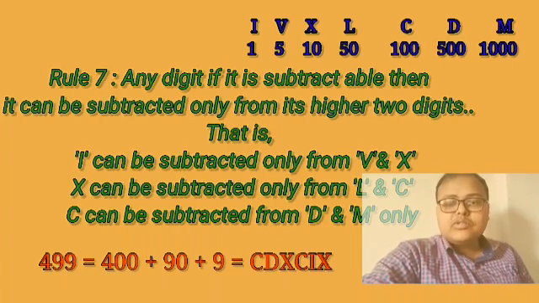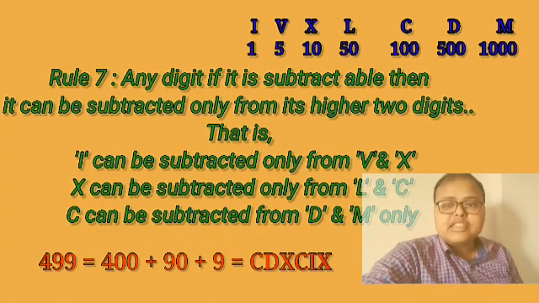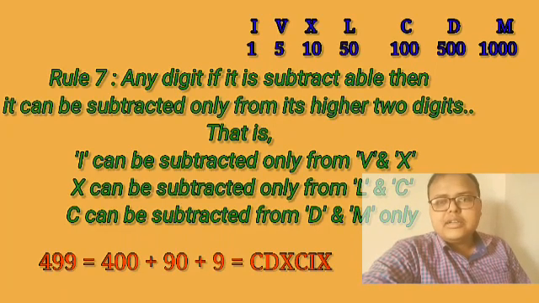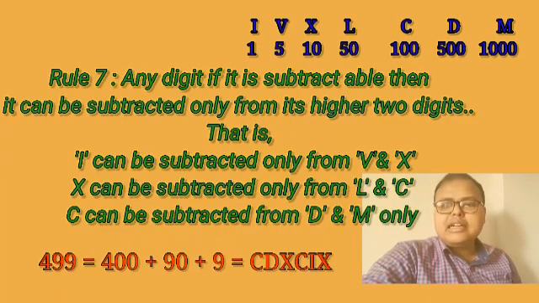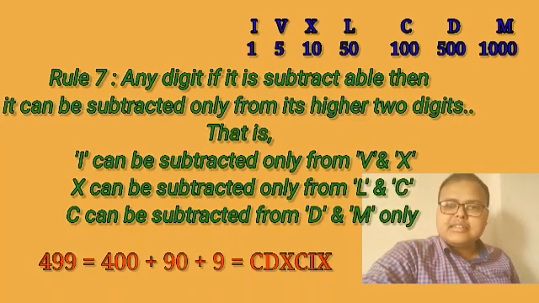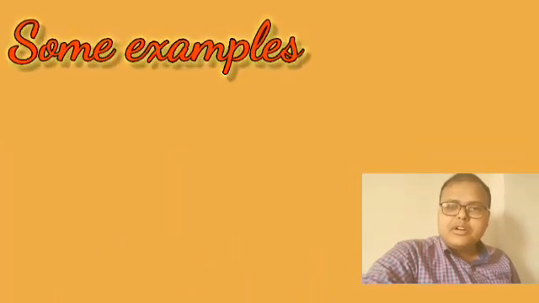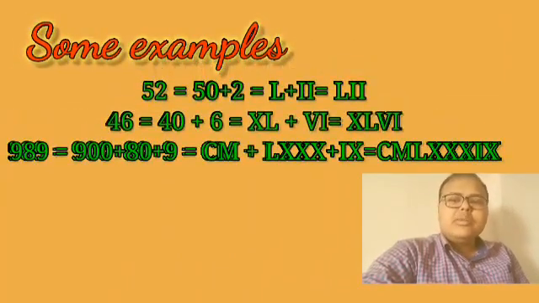What do we have to write? We have to split it into its place values, that is 400 plus 90 plus 9. So 499 is CDXCIX. This way you have to write it in Roman numerals.